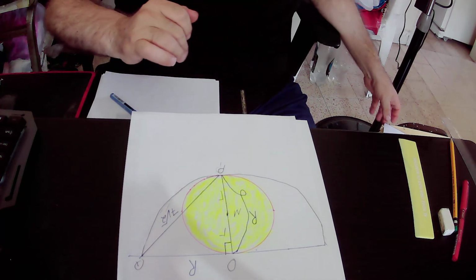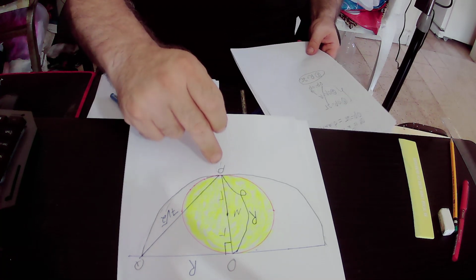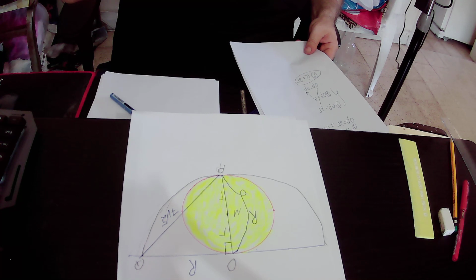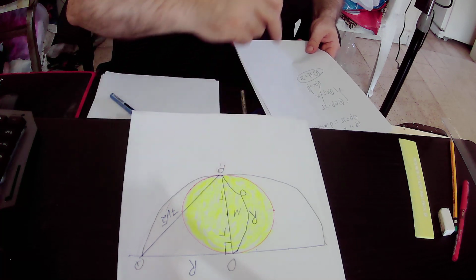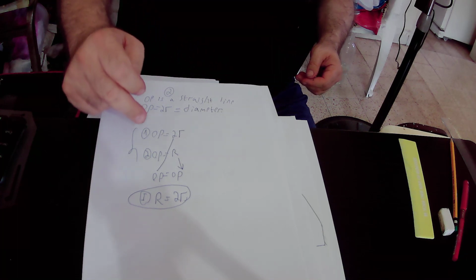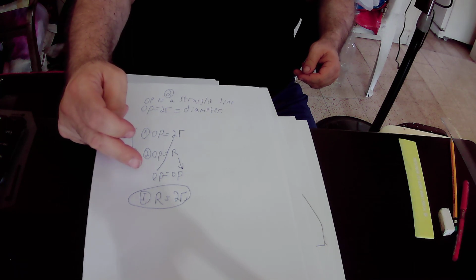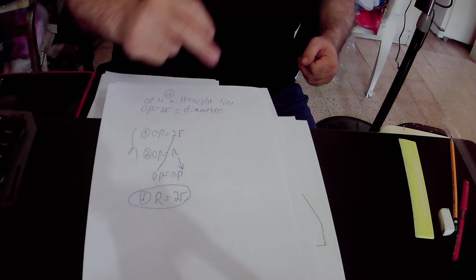So from one side OP equals 2 times the small radius of the yellow circle, but from the other side OP equals the radius of the semicircle, capital R. So you can deduce from those two equalities that the radius of the semicircle is twice as large as the radius of the small yellow circle.